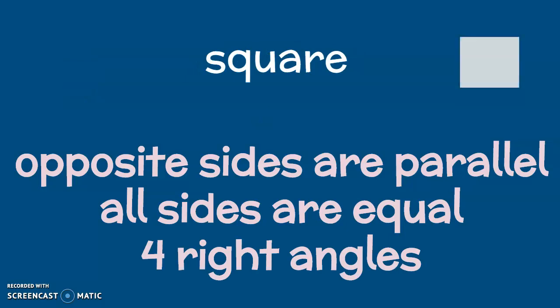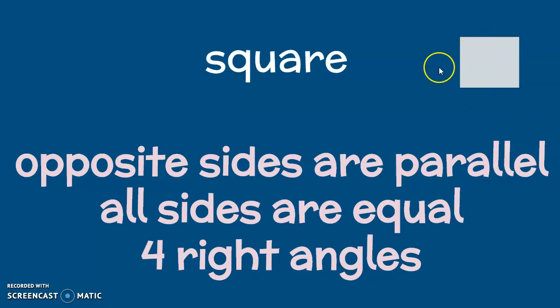Okay, now we have the most specific of all of those parallelograms. We have the square. Why? Opposite sides are parallel. All sides are equal. And there are four right angles. This is the only one of those figures that has all three of those rules.